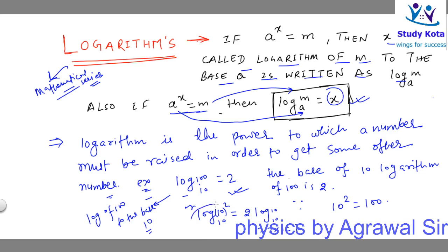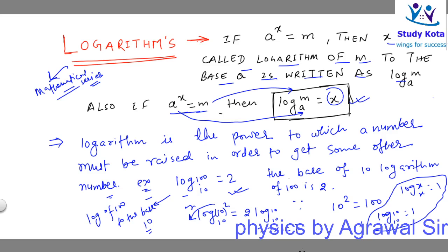And always remember that log 10 of 10 is 1, and log of any x to the base x is 1. If the base and the value are the same, then the logarithmic value of that quantity remains equal to 1, right?